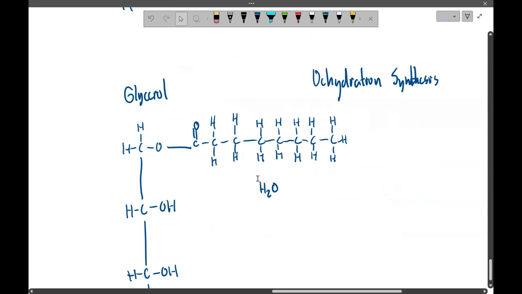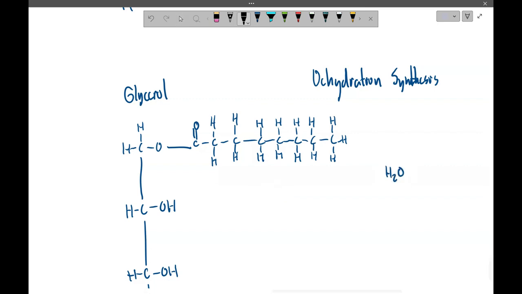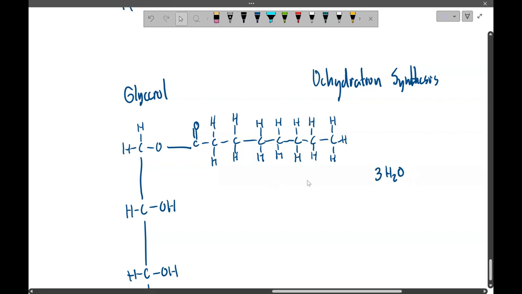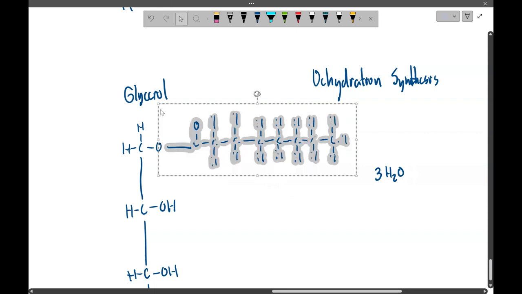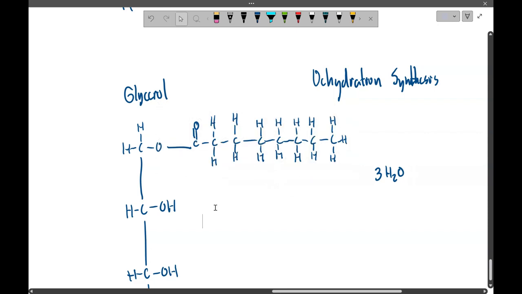Now, this reaction takes place 3 times for the glycerol, so we are going to end up with 3 H2Os, and I will copy the fatty acid over to show you the rest of the places as bonded.